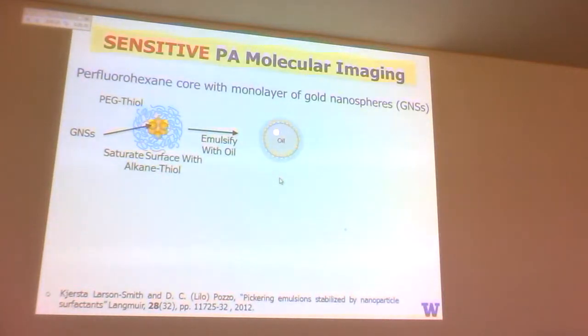So again, it's a core-shell kind of structure, but the inner material is an oil, in this case a perfluorocarbon oil, and the outer layer in her original designs was meant to make plasmonic states. So the idea was to get these small nanoparticles close enough together that you can have coupling between them and enhanced optical absorption at longer wavelengths.